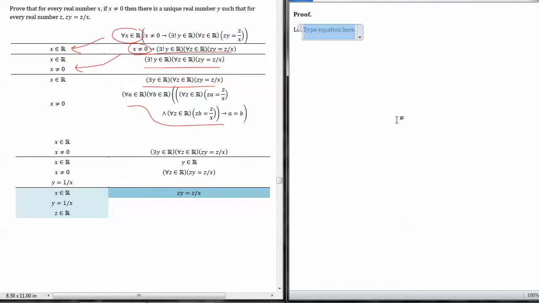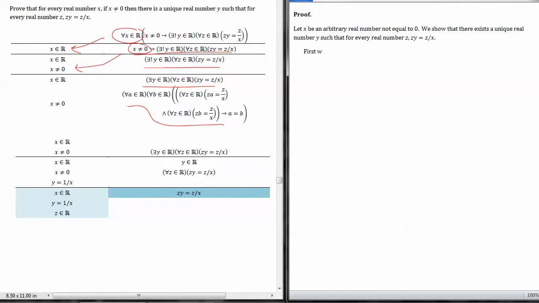So we can say let x be an arbitrary real number not equal to 0, and we're going to show that there exists a unique real number y such that for every real number z, zy is equal to z over x.